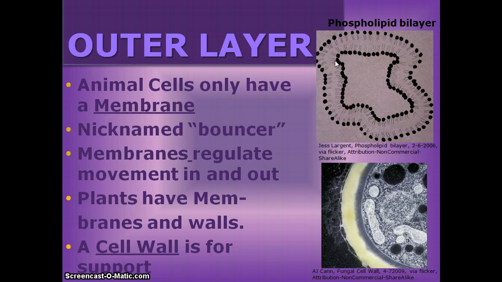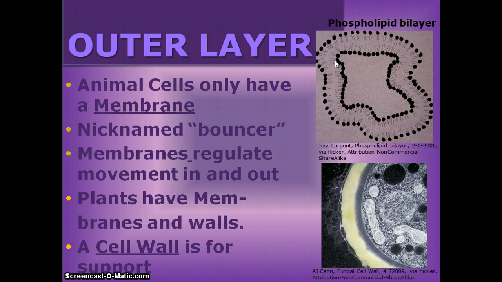So then plant cells have an extra layer, which, if you think about it, plants are harder than animals and they're more rigid. And the cell wall is made out of very, very rigid material, and it is 90% for support.